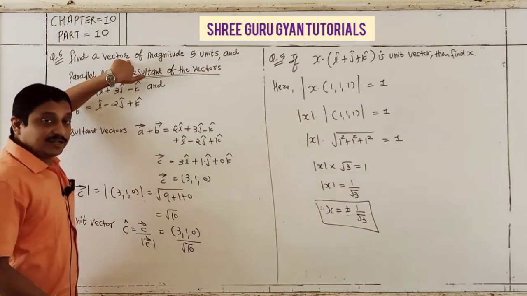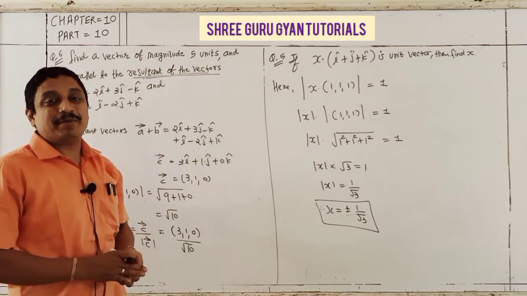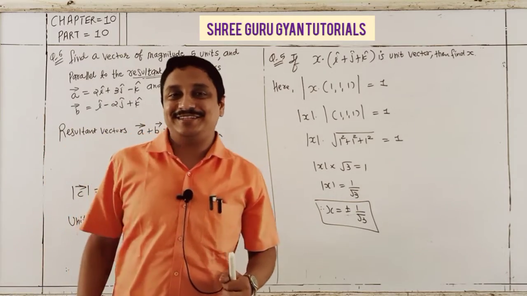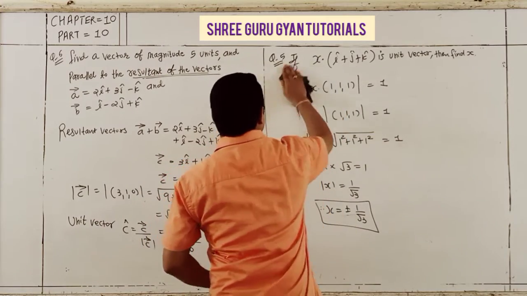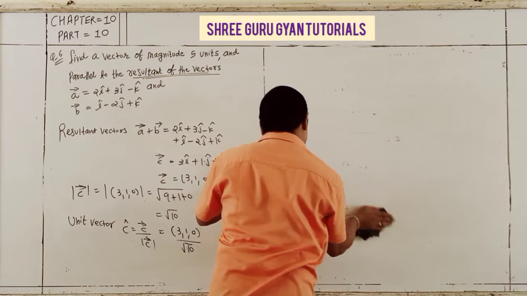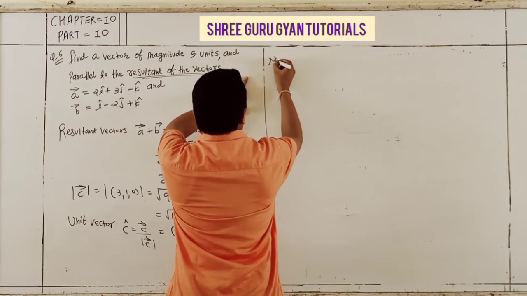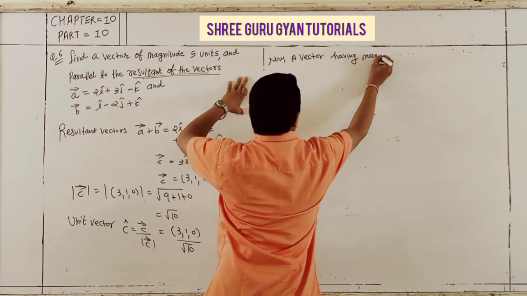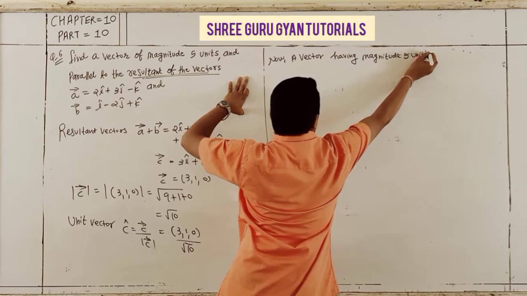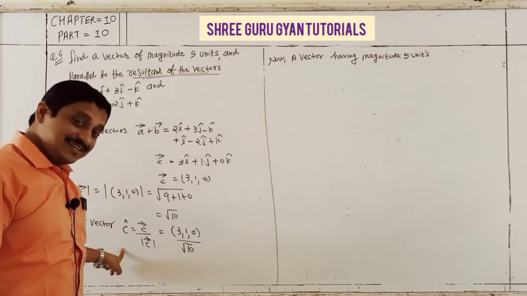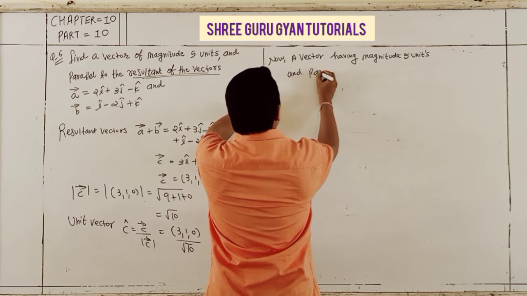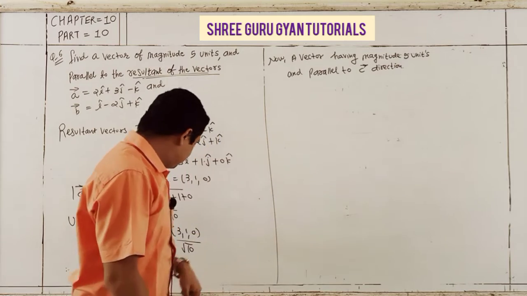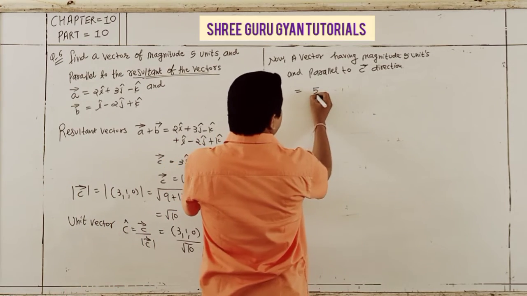Now I want a vector having magnitude 5 units and parallel in this direction. So it is very easy, I just apply magnitude 5. A vector having magnitude 5 units and parallel to the resultant, that is, parallel to the C direction, is 5 times C cap.